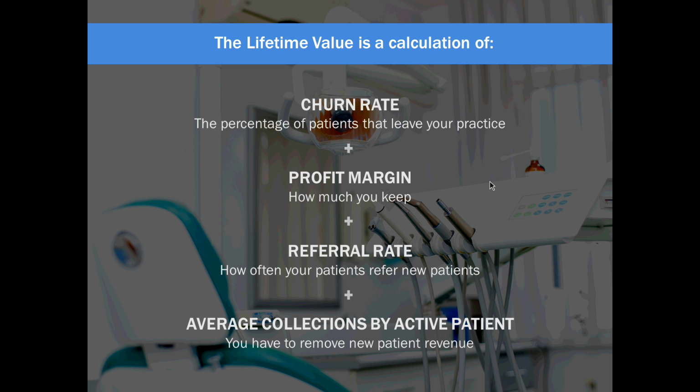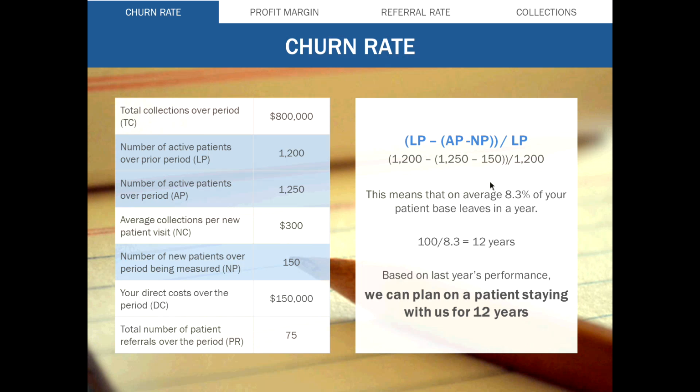Your average collections by active patient are going to be how much money you're making on average per patient, how much money they're actually spending with your practice. And one important key to put in there is that we have to remove the new patient revenue in order for this calculation to work. And that's the reason we had it tracked in the prior slide.